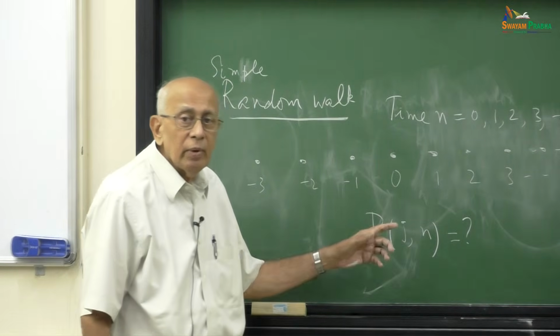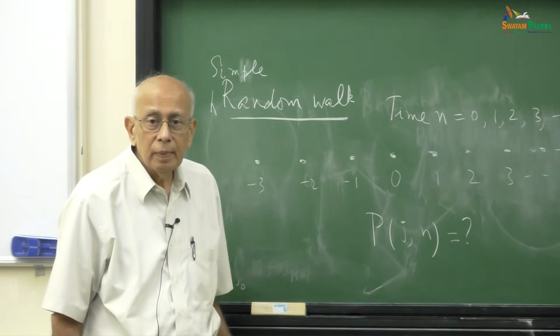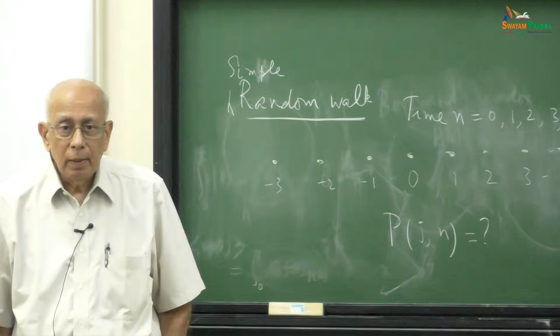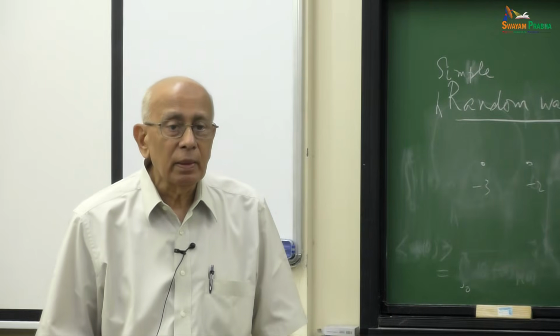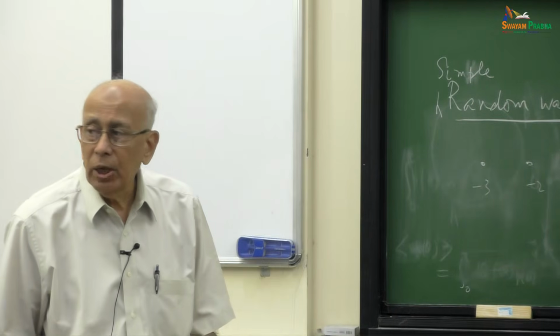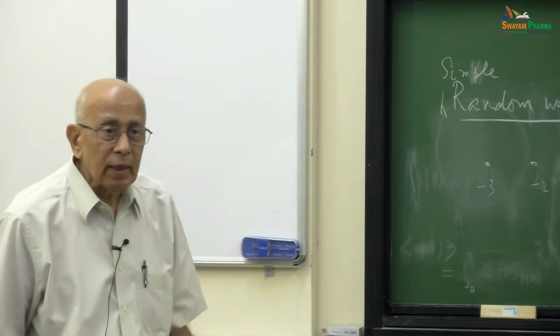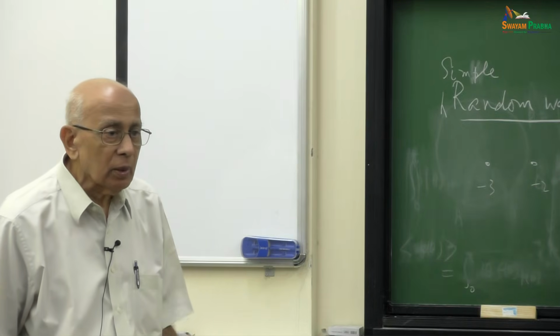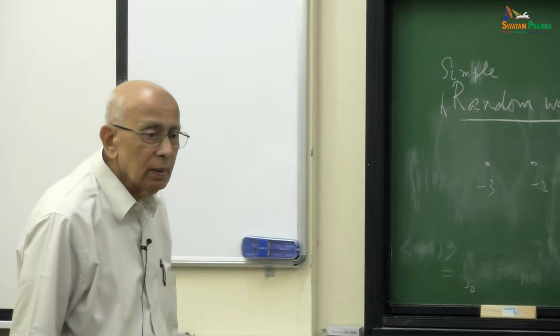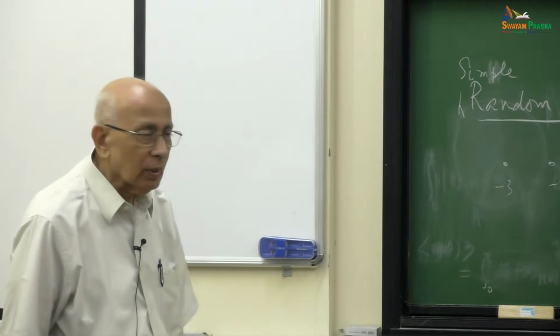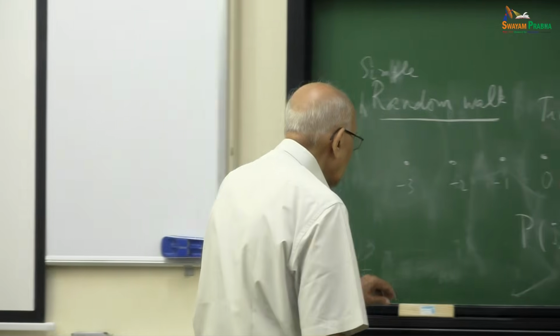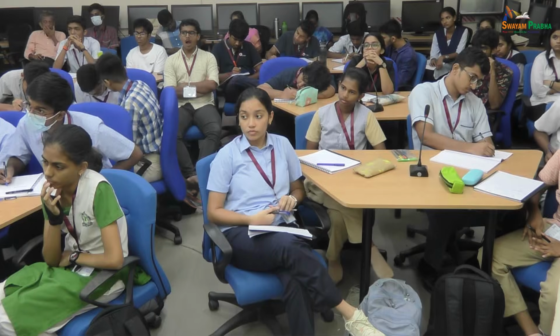So what's the random variable here? I give you n. I tell you at the end of time n, where am I? It's j. j is the random variable. And what's the sample space? What are the possible values of j? Minus infinity to infinity in integer steps. Okay. So what is P_j of n? What would your first guess be?